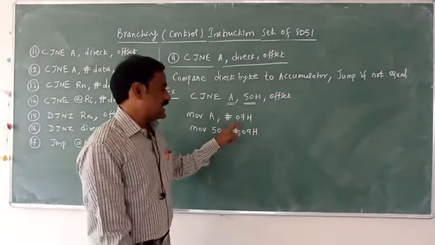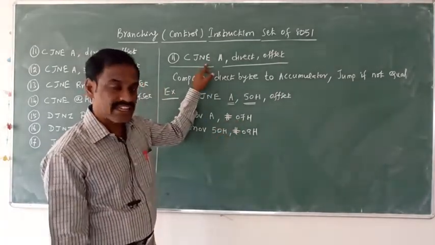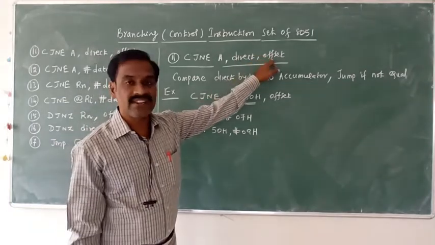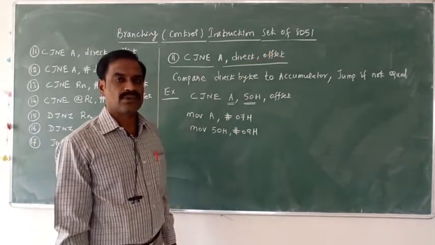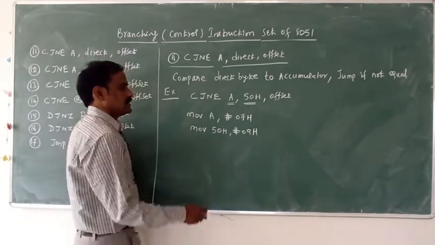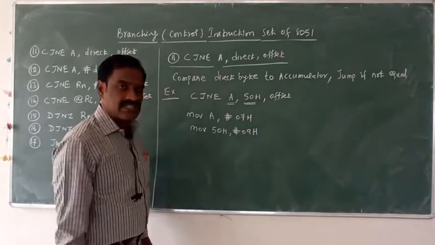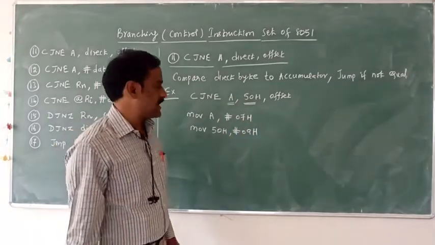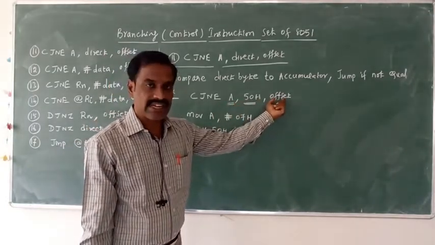The both data are not equal, means now this condition will be satisfied, and jump to the given memory address location. Here the both data are not the same, so this condition will be satisfied and jump to the given memory address location.